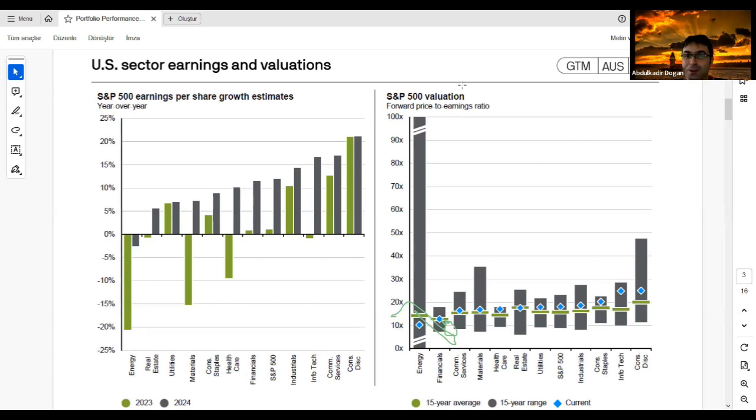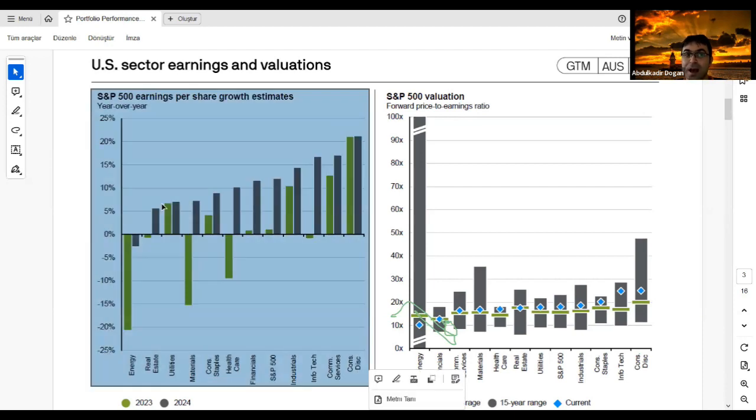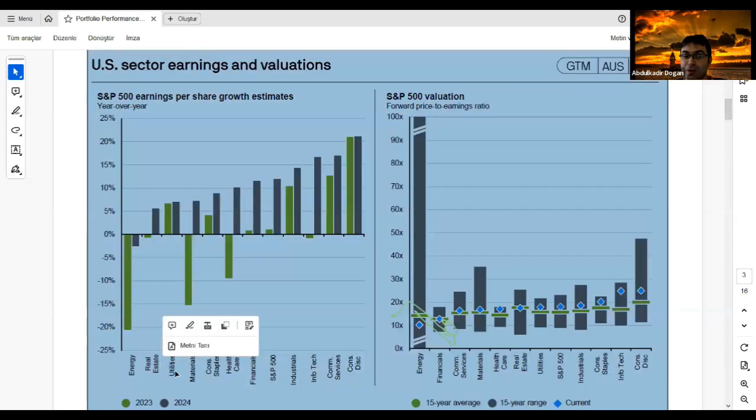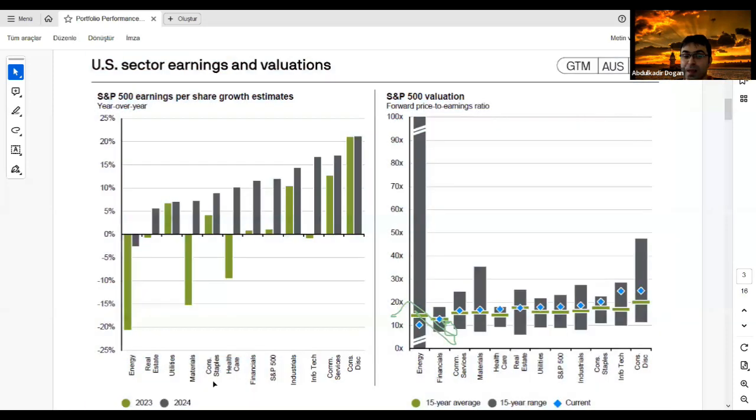As you see here, at the top of the explanation, you will see United States sector earnings and valuation. On the left-hand side, I have S&P 500 earnings per share and growth estimates. And here I have the sectors: energy, real estate, utilities, materials, consumer staples, healthcare, financial, and S&P 500 average, industrials, information technology, communication services, consumer discretionary.